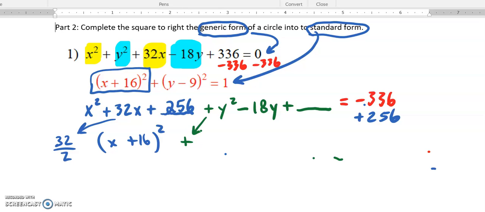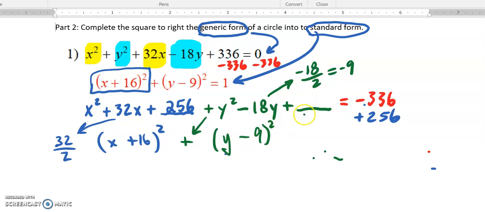So now if I take the negative 18 and I take half of that, that'll give me negative 9. So now my next perfect square binomial will be y subtract 9 squared. So in this generic form, what am I going to have to add on to that?